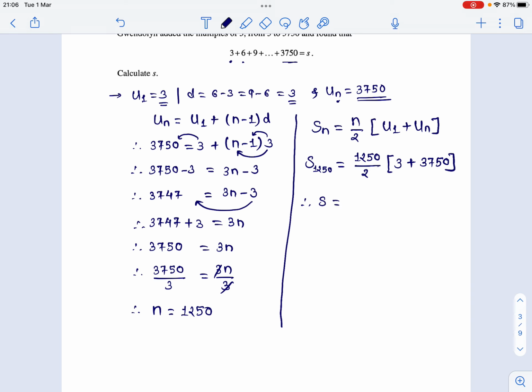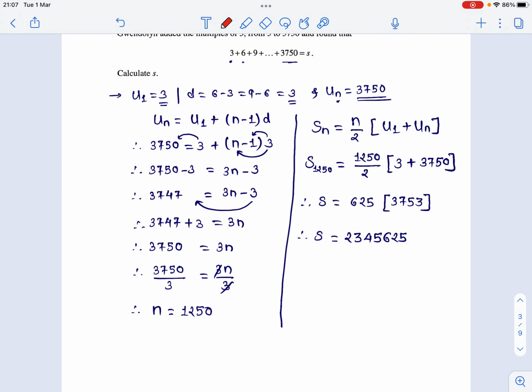First, 1250 divided by 2 is 625, and 3 plus 3750 is 3753. So the final solution is 625 times 3753, which is 2345625.